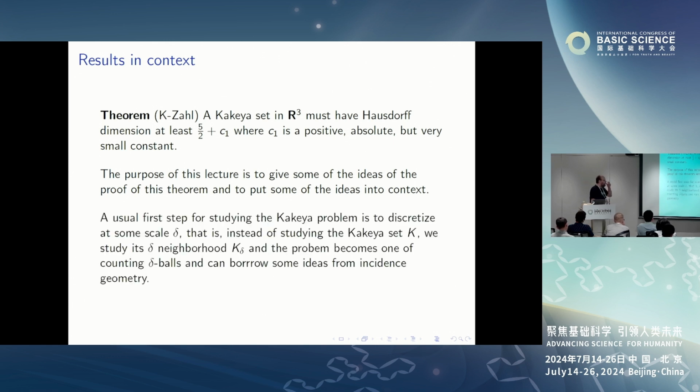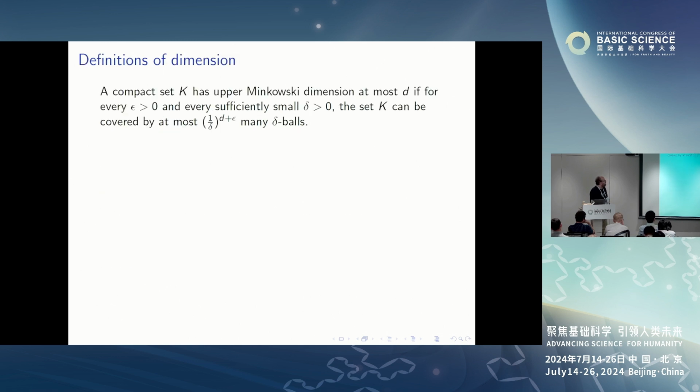So here I'm saying what I really drew on the board over there, that a usual first step is to discretize at some scale delta. And then when we do that, we are talking about only a finite number of delta tubes. We can count intersections between them, and we can generally borrow ideas from incidence geometry. The problem becomes a problem about counting.